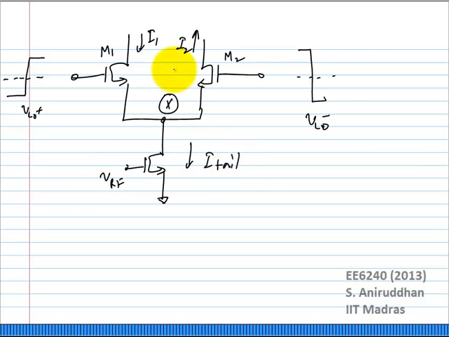So what is happening? M1 has just turned on, right? And M2 has just turned off. So this is the state immediately after the transition. What is the capacitance at this node? CGS1.